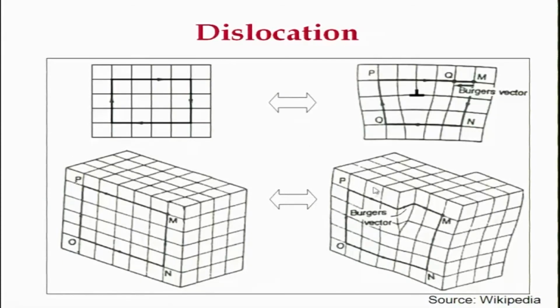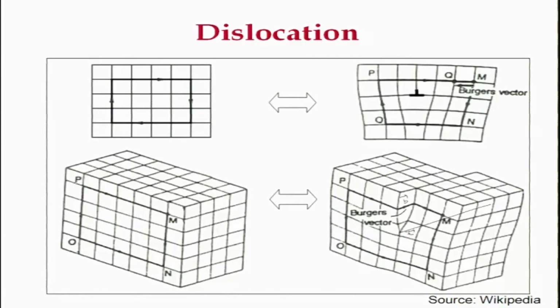For the screw dislocation, you have two parts of the crystal sheared in this fashion, and now when you make this circuit, let us say MNOP, you start from M to N 4 steps, N to O 4 steps, and then P to M, you take an extra step here. This is an extra step, sheared with respect to this point. If you draw this point somewhere within the crystal, parallel to it you will have a line. This is the B vector, this is the T vector.